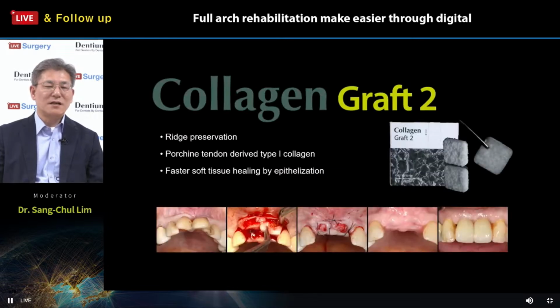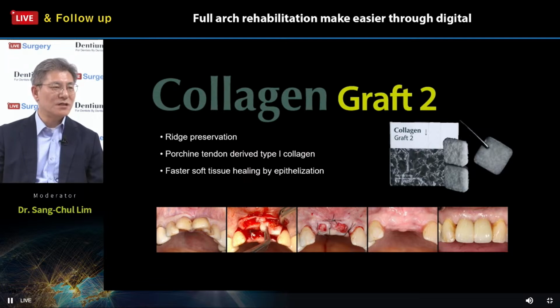Okay, Collagen Graft 2 is a totally different material from a collagen membrane. As I mentioned earlier, this Collagen Graft 2 promotes faster soft tissue healing. So this collagen material works as a barrier and also promotes soft tissue healing.